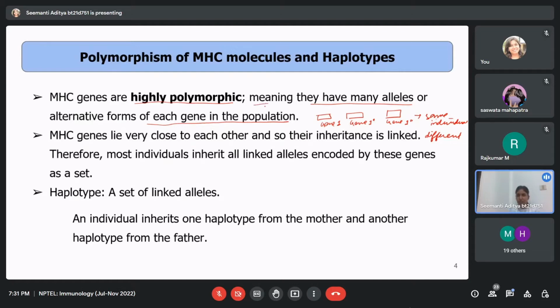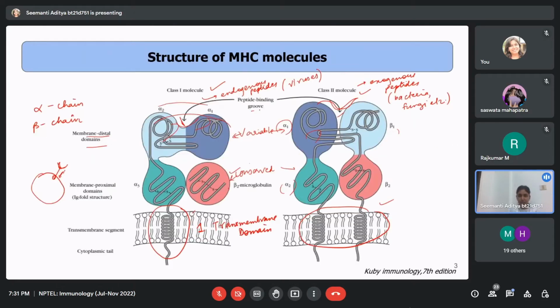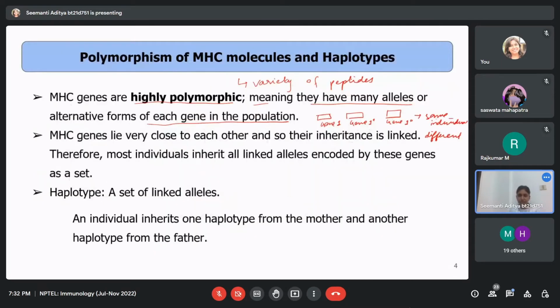Because of this polymorphism, MHC molecules can bind to a variety of peptides, because the antigen binding cleft or peptide binding cleft of your MHC molecule is highly variable and highly polymorphic, which means it will have different alleles of the same particular gene. So it will show different binding properties to different kinds of antigen.